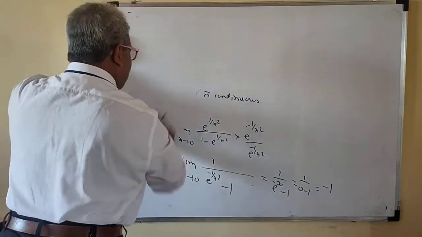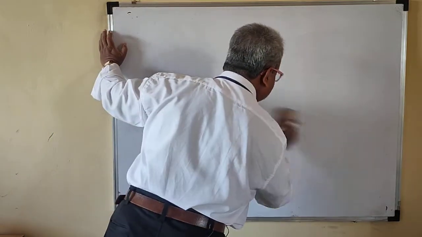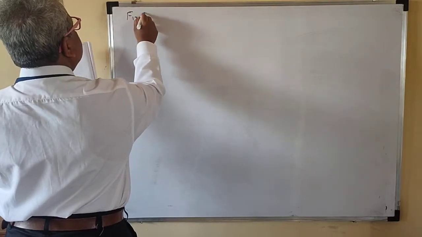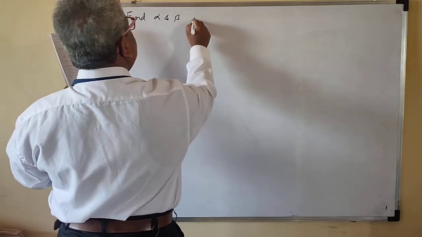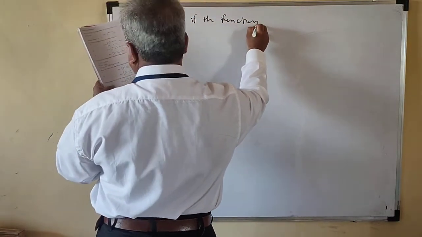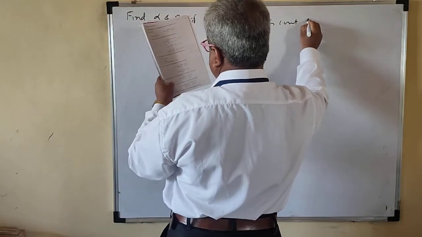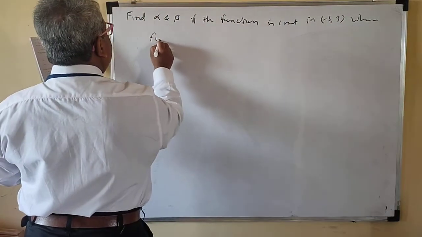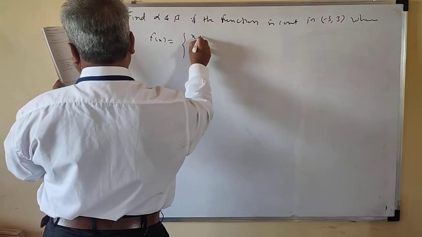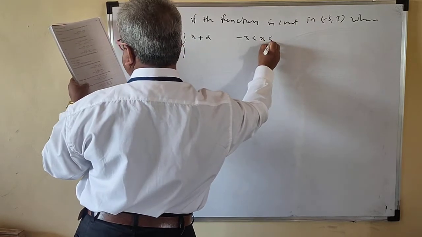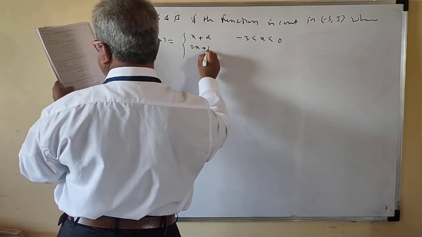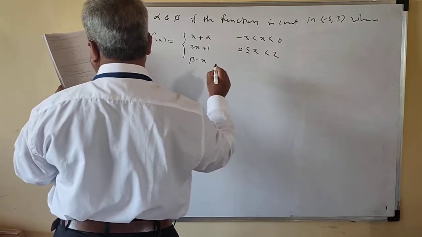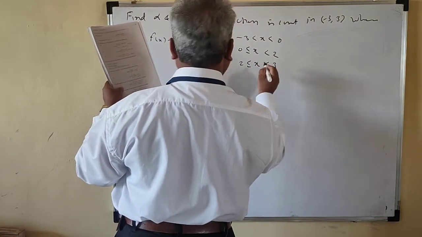Now next, the very important problem. Find alpha and beta if the function is continuous in minus 3 to 3, where f of x is equal to x plus alpha for minus 3 less than x less than 0, twice x plus 1 for 0 less than or equal to x less than 2, beta minus x for 2 less than or equal to x less than 3.